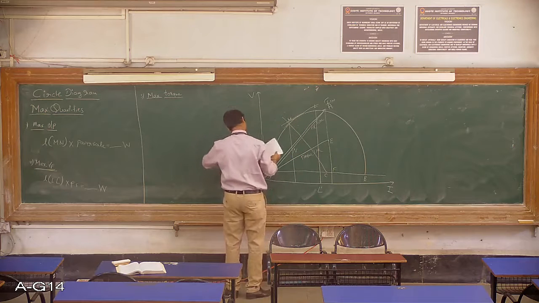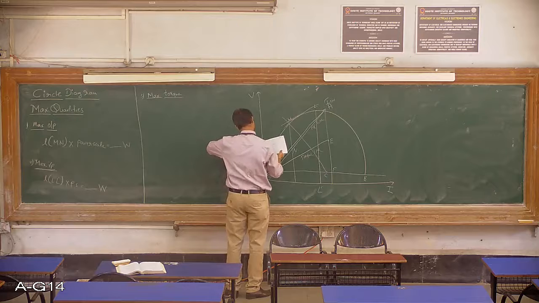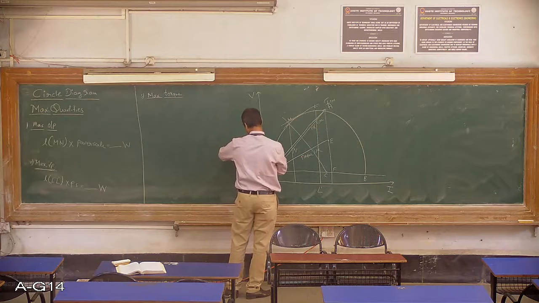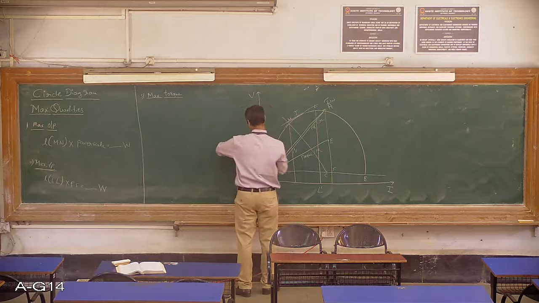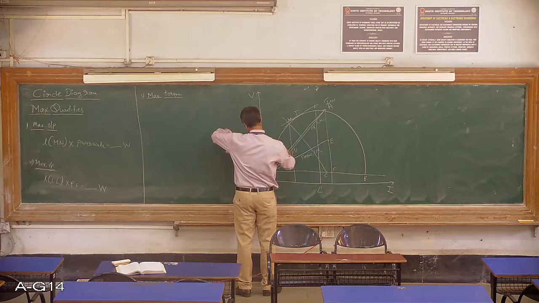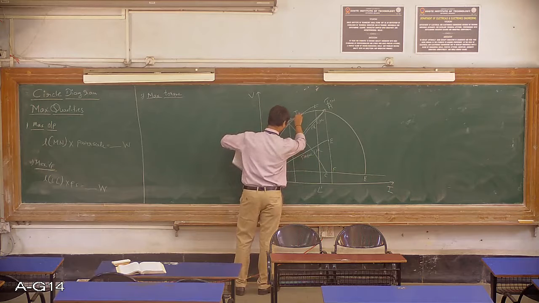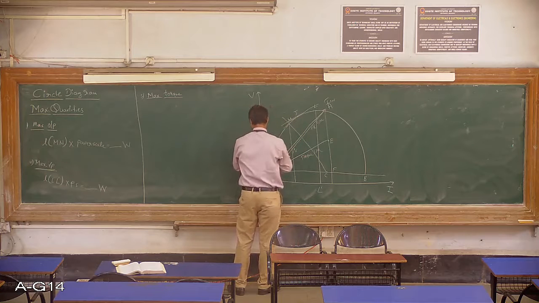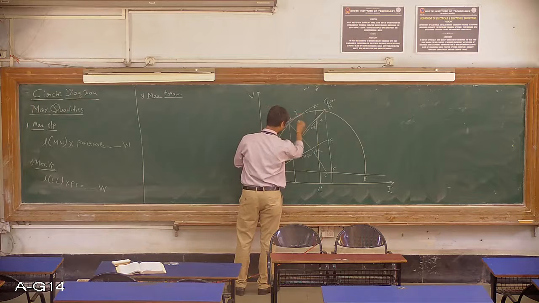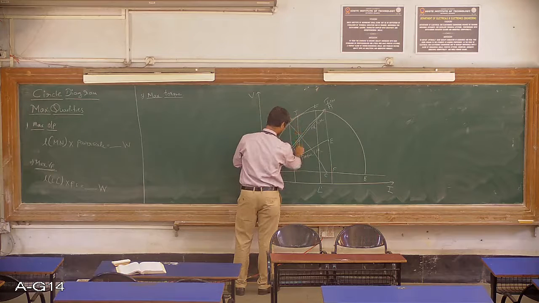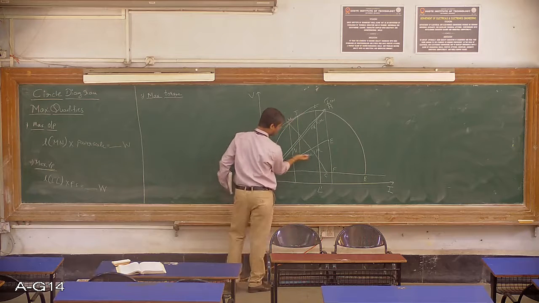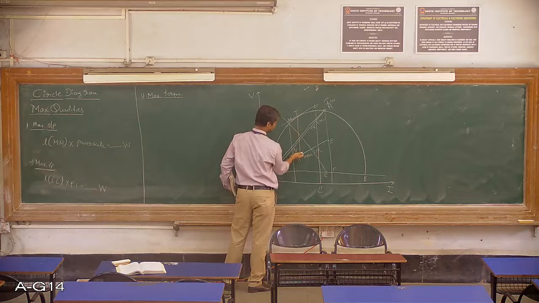The tangent point here on the semicircle is the maximum torque point, and I am going to name it point J. Draw a line vertically down till it reaches the torque line and name this point K. Anything above this is the output of the shaft, so this is the torque given by the motor.